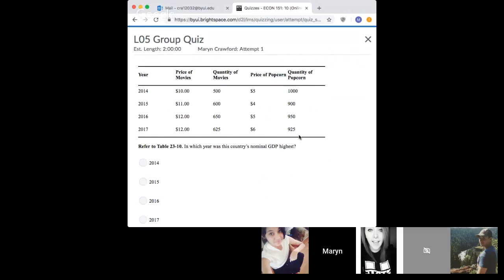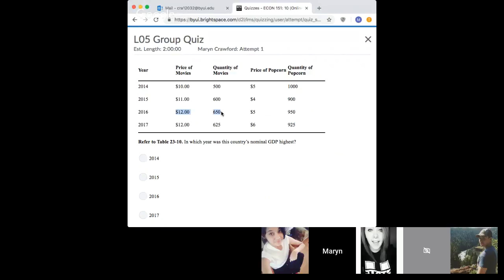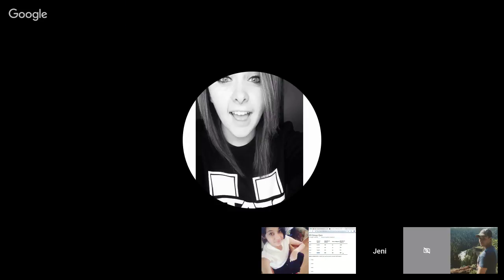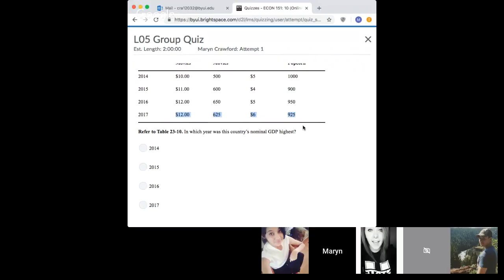Like the new number, the new price. So like if it changes from 5 to 4 or 5 to 6, then that changes according to the quantity. So when you do 12 times 650 and then 5 times 950, that's higher GDP than this row. So wouldn't that mean it's 2016?